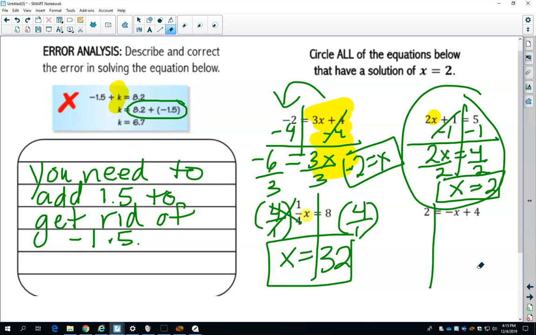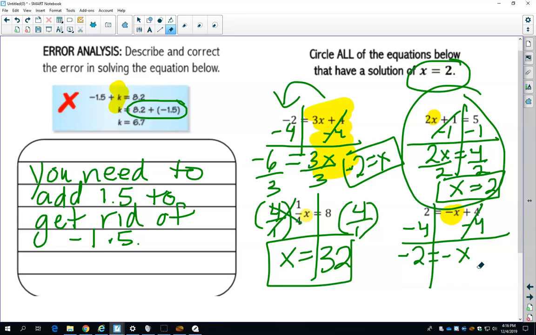Now I want you to notice from this, we have a negative x. So when we get to the end of this, we're going to have to do something to make that positive. So here I'm going to subtract 4 from both sides. I'm going to undo addition. This cancels out. I get negative 2 equals negative x. So at first you might say, well, the answer is negative 2, and we're looking for a solution of positive 2. But that says negative 2 is equal to negative x.